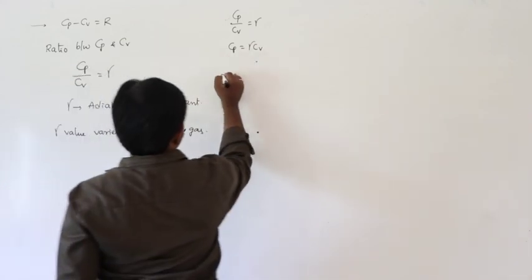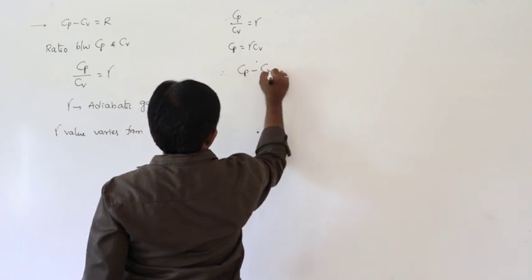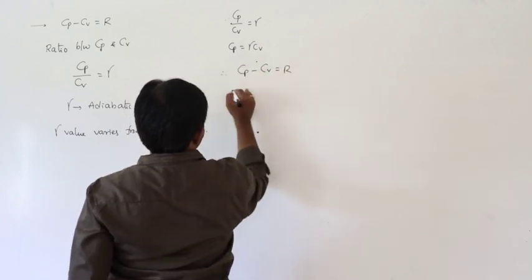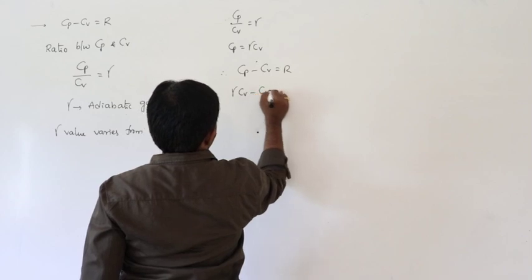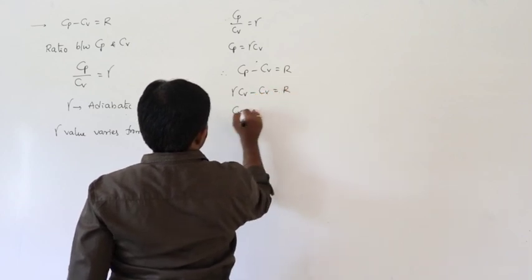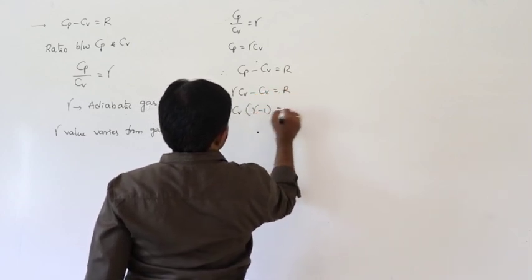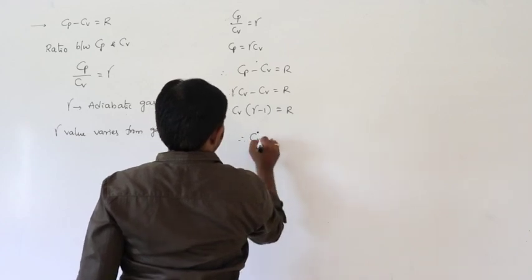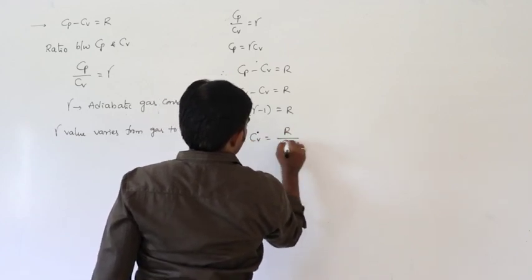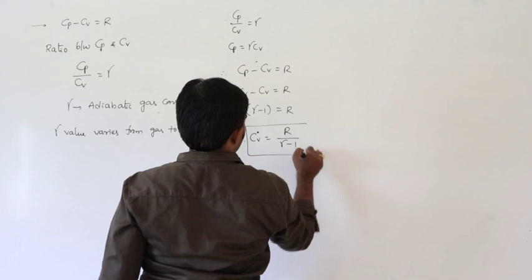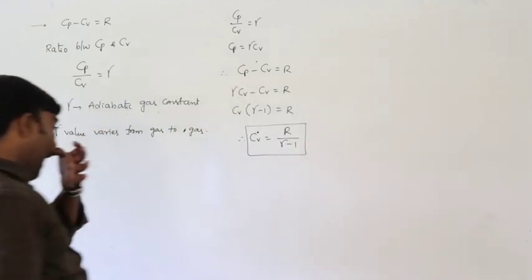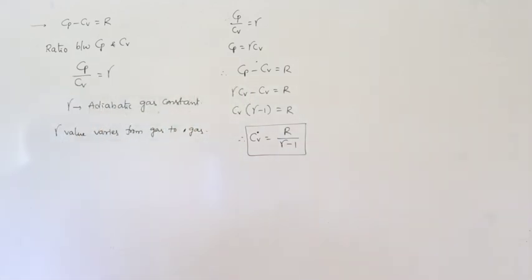We know Cp minus Cv is equal to R, so gamma Cv minus Cv is equal to R. Taking Cv common, gamma minus 1. Therefore, Cv can be written as R by gamma minus 1.